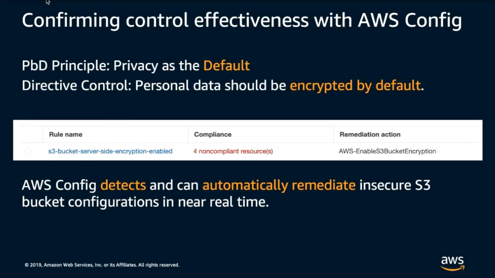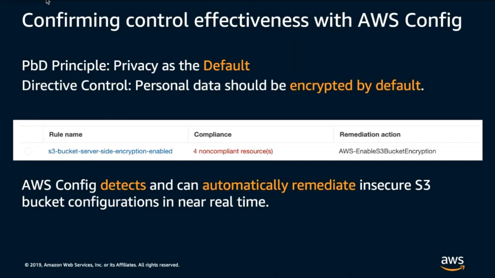The rules themselves, you can create your own rules within AWS Config. These can be written in a variety of languages. Essentially, it is a Lambda function. It's our serverless platform. And so you can write it in C#, you can write it in Java, in Node.js, in Python, so on and so forth.